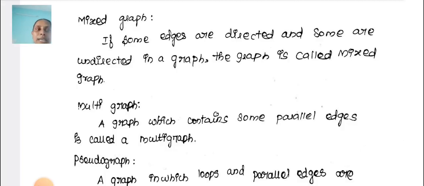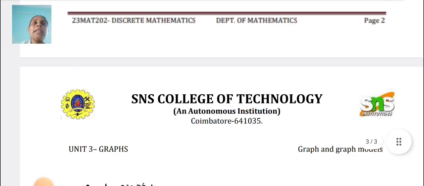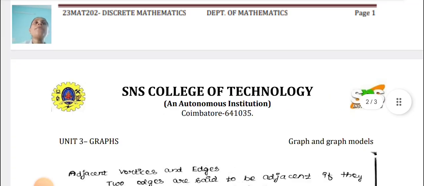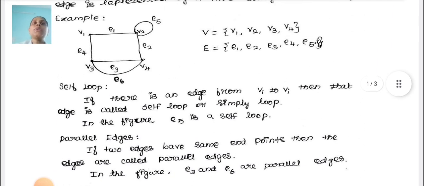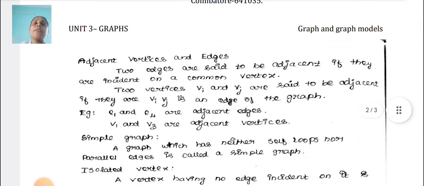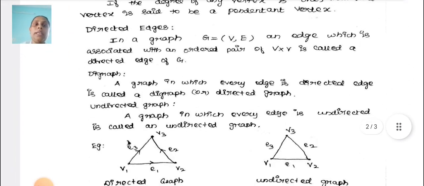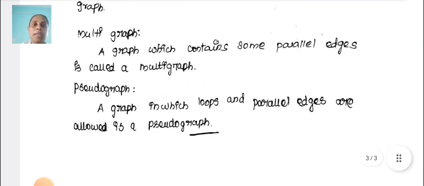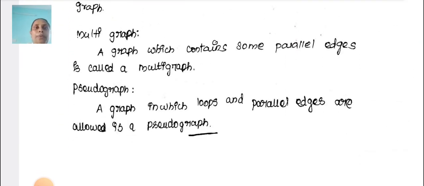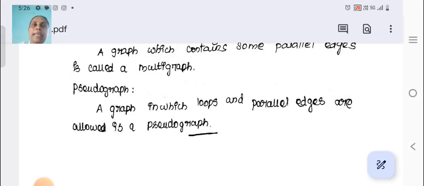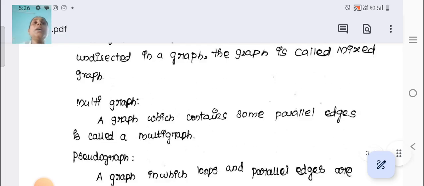A graph which contains some parallel edges is called a multigraph. In this graph, V3 and V4 have parallel edges, so a graph containing parallel edges is called a multigraph. Next, pseudograph. A graph having self loops and parallel edges is called a pseudograph.